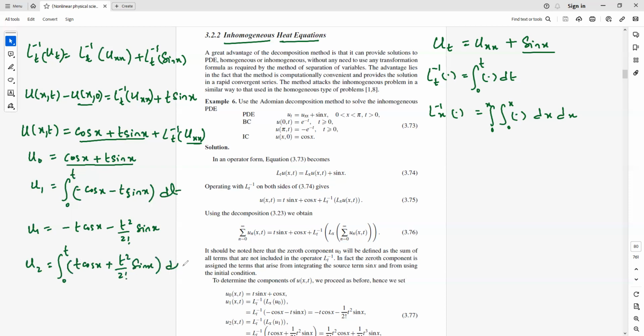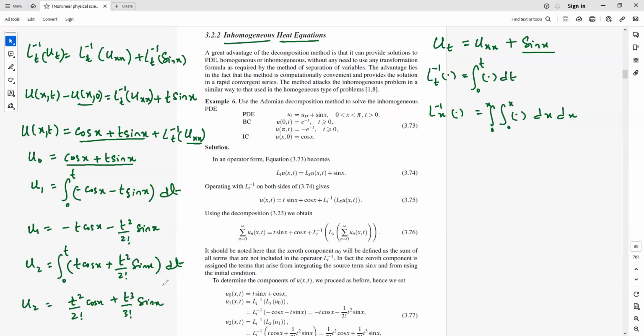Now if we integrate this, we get t squared over 2 factorial cosine x plus t cubed over 3 factorial sine x. In a similar way, we can find u_3, u_4 and up to u_n.